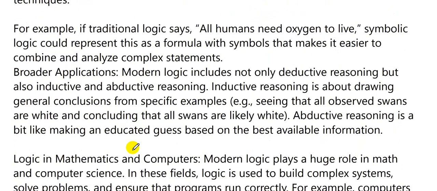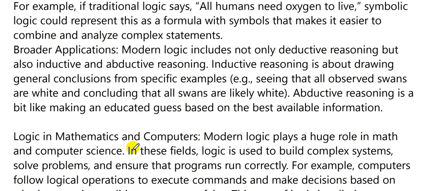For example, if traditional logic says all humans need oxygen to live, symbolic logic could represent this as a formula with symbols that makes it easier to combine and analyze complex statements.